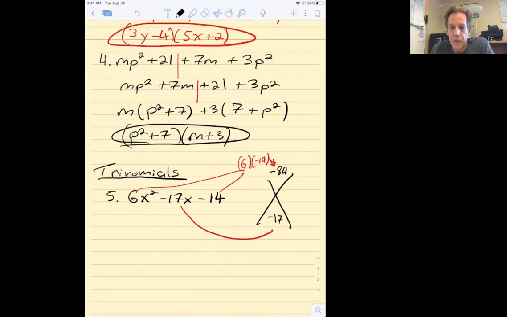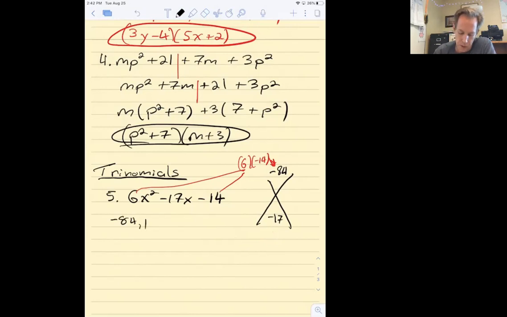A lot of times this is not immediately apparent. If the number at the bottom of the x is negative, then we know that of the two numbers that multiply together, the larger number has to be negative. So we can just start listing out numbers. For example, we can try negative 84 and 1. Do those add to negative 17?